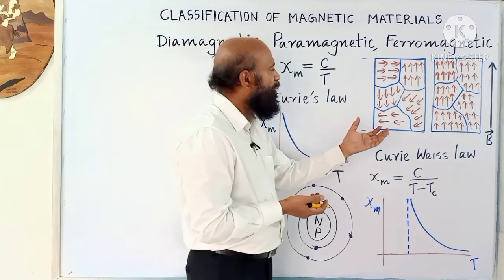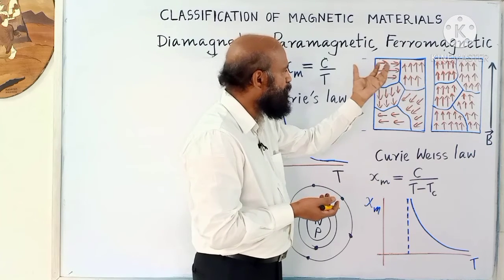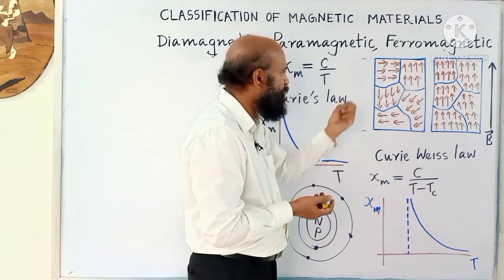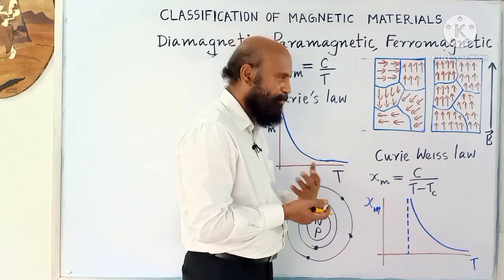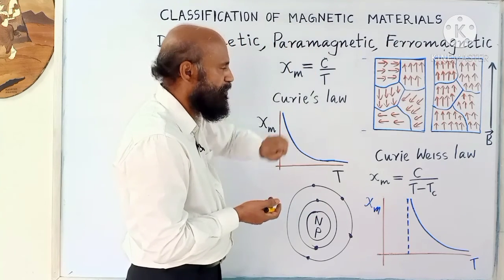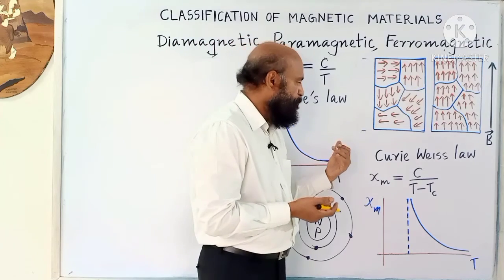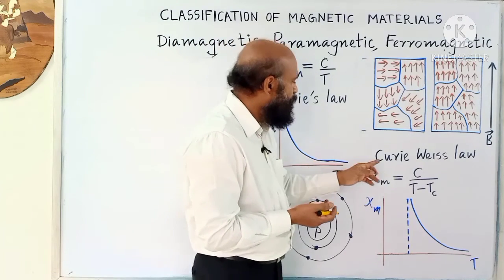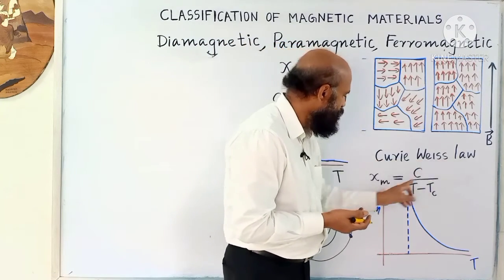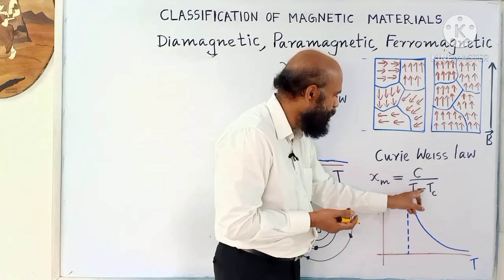As the temperature increases, susceptibility will be going on decreasing. At one particular temperature, ferromagnetic materials will become paramagnetic material. That particular temperature is known as Curie temperature. Now, Curie-Weiss law: susceptibility is equal to C divided by T minus Tc.